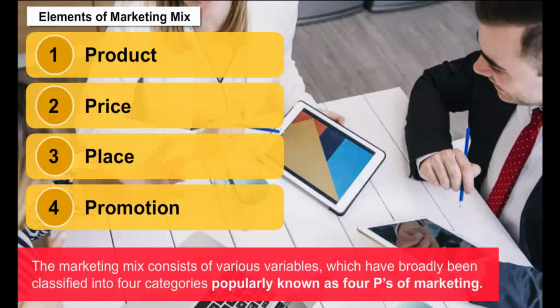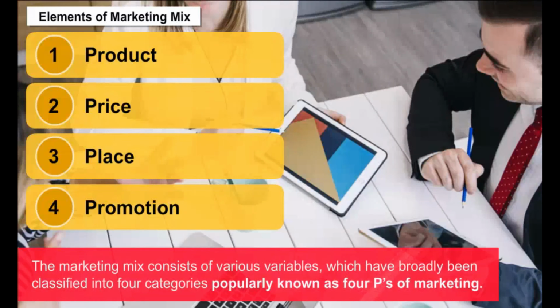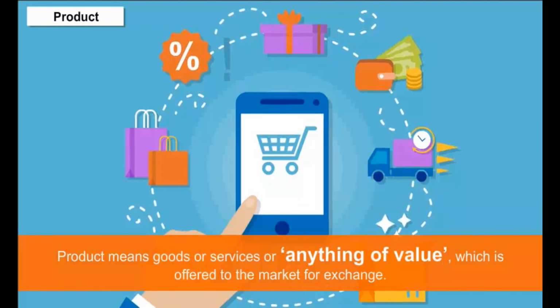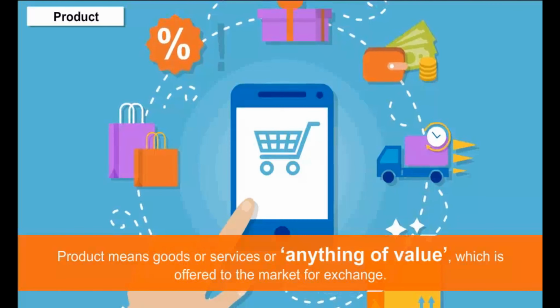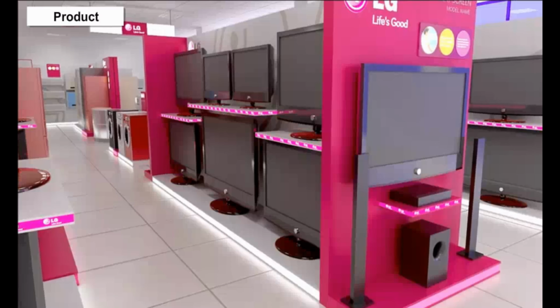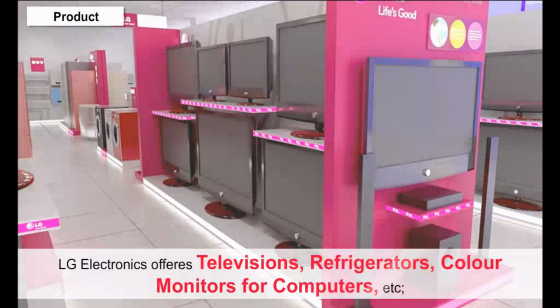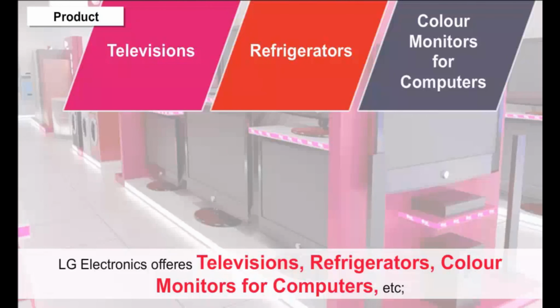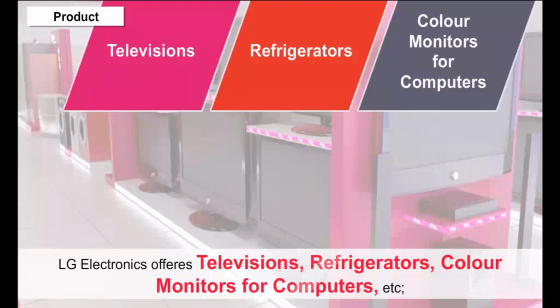Promotion, and are discussed as follows. Product. Product means goods or services or anything of value which is offered to the market for exchange. For example, LG Electronics offers televisions, refrigerators, color monitors for computers, etc.